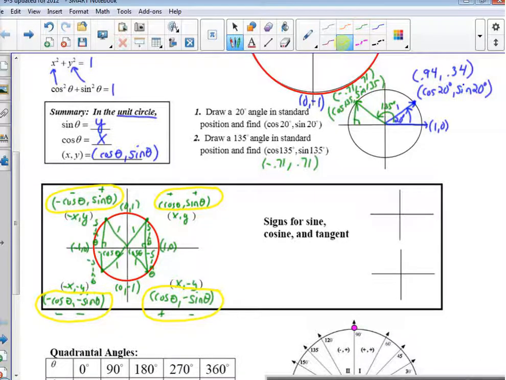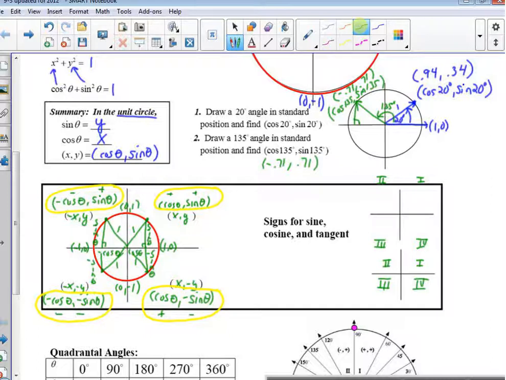So then we can say that cosine and sine are positive in quadrant 1. So here's quadrant 1, 2, 3, and 4. And this is quadrant 1, 2, 3, and 4. I'm going to put some stuff inside there. For quadrant 1, they were all positive.